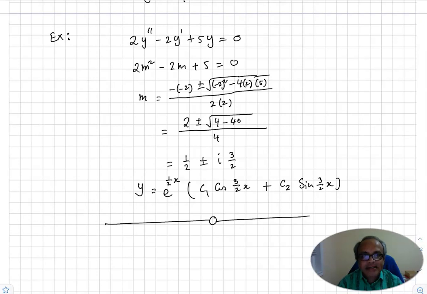In the second case, it has repeated or equal roots. In the third case, it has complex conjugate roots. A different differential equation that I have not put in as an example could have a more complicated quadratic formula, but how complicated could it be? It could just be different numbers.